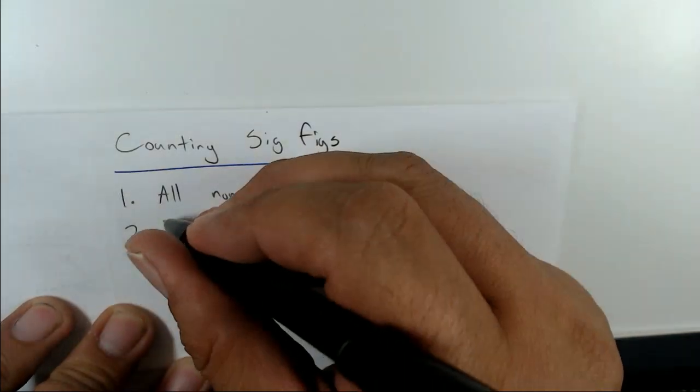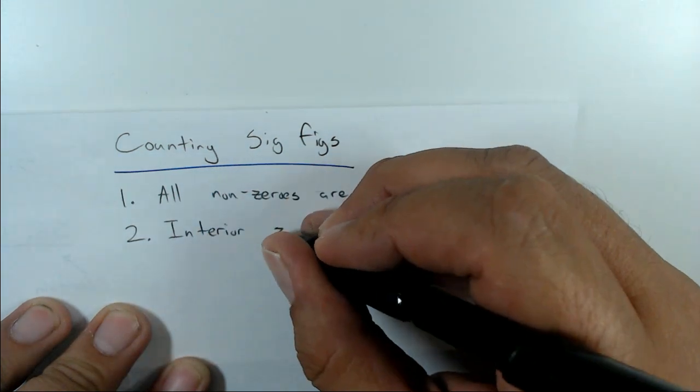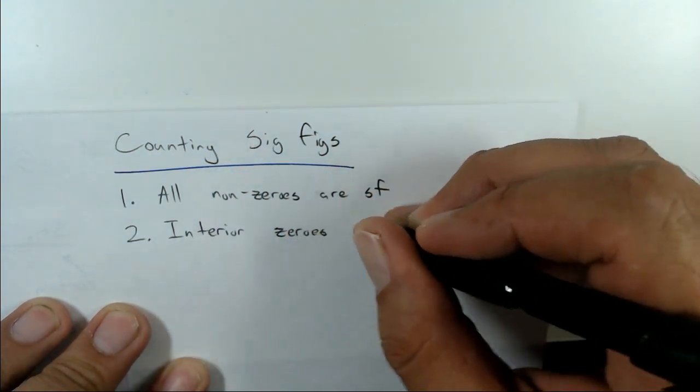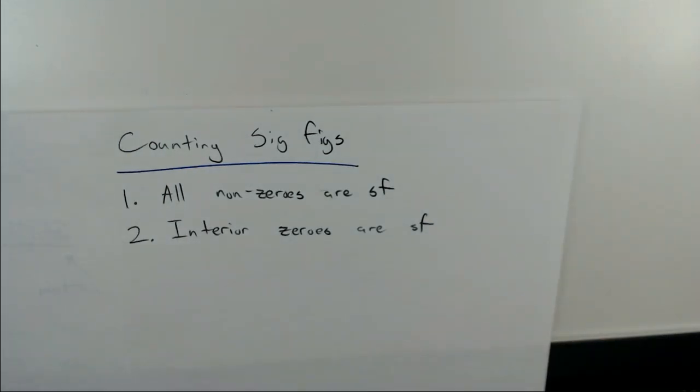All right, the second rule is that interior zeros are significant. What that means basically is that you have zeros that are in between non-zeros. Those are considered to be significant. All right, and then number 3, trailing zeros to the right of a decimal are significant.